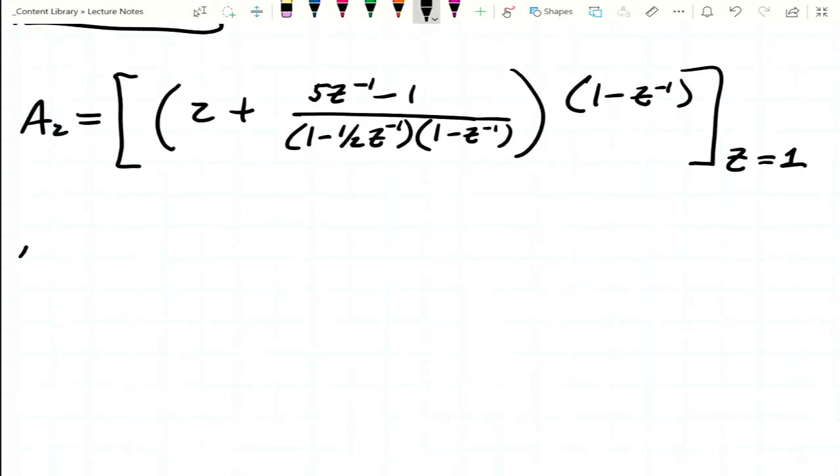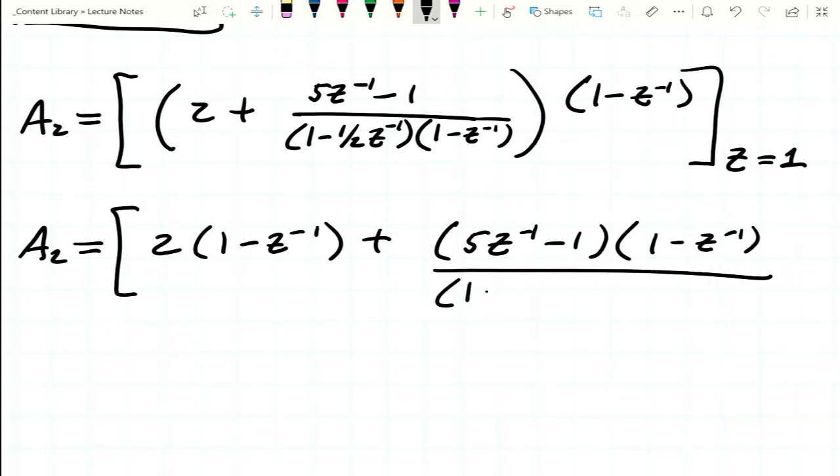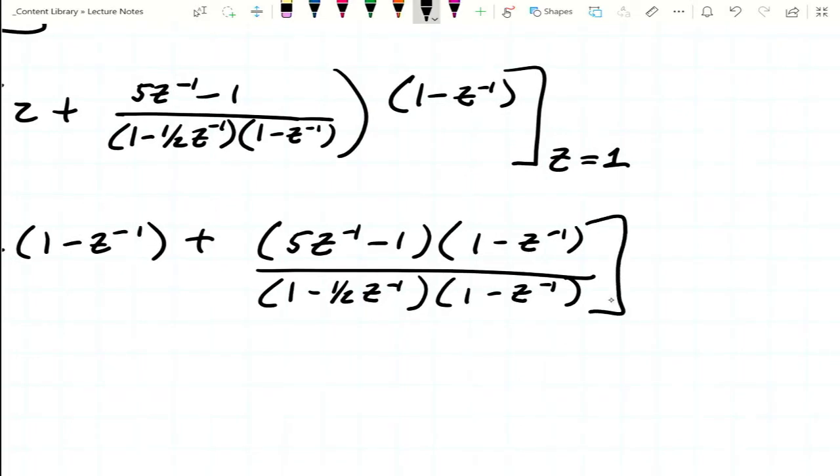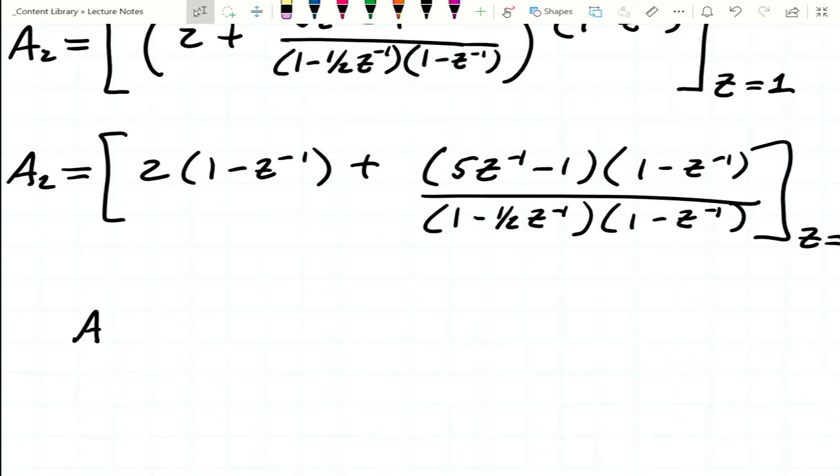All right, so now we just do the algebra. So it's 2 times 1 minus z to the negative 1 plus 5z to the negative 1 minus 1, 1 minus z to the negative 1 over 1 minus 1 half z to the negative 1, 1 minus z to the negative 1, all of that evaluated at z equals 1. So A2 is equal to 2 times 1 minus 1, which is going to go to 0 again.